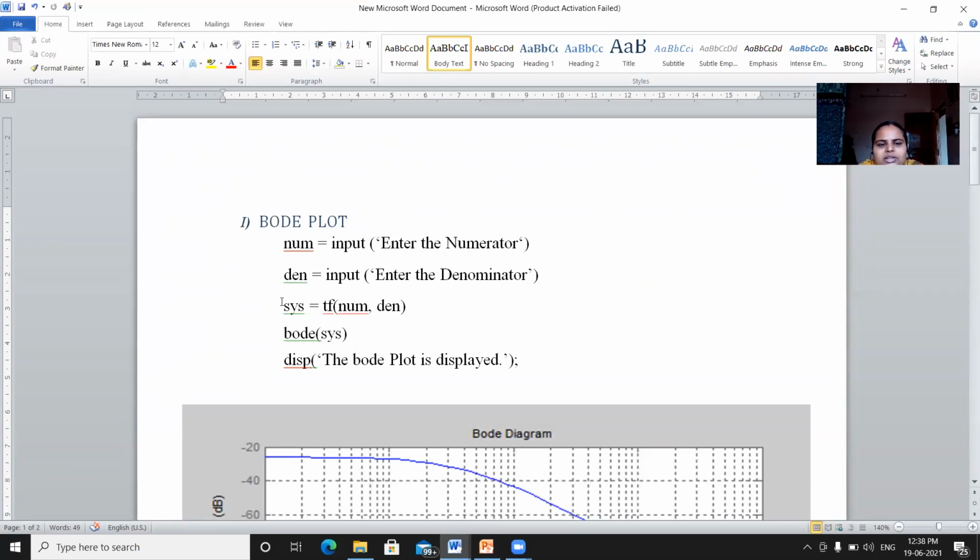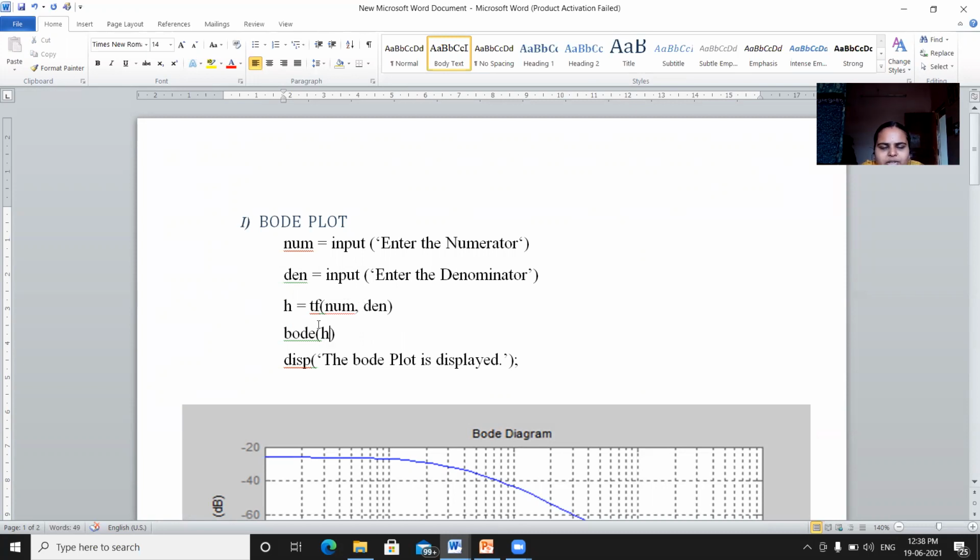Then you can take any function name here. It's not that you have to use SYS only; you can give it as G or H. Then H is going to be equal to the transfer function of numerator to denominator. Whatever name you've taken here, the same thing has to be represented here.